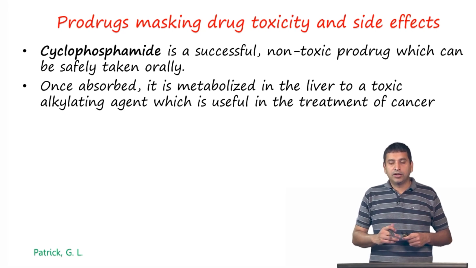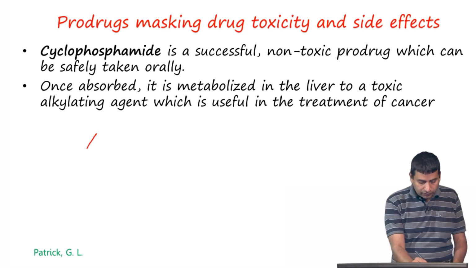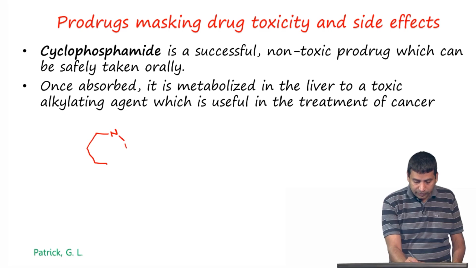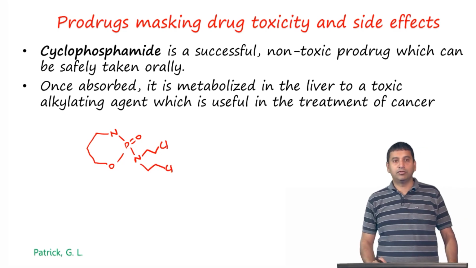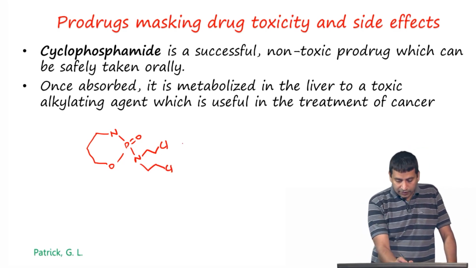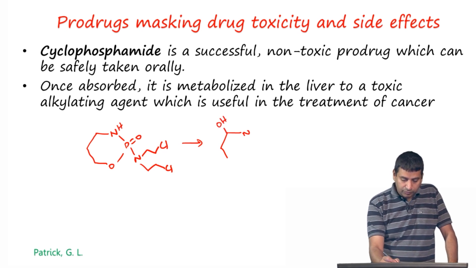Another classic example of masking drugs is cyclophosphamide. We have already looked at it previously, but the concept is very important. Here you have a DNA alkylating agent that is masked in the form of a phosphoramide, and once it gets cleaved, it forms the active drug. Here is the position that is susceptible to oxidation.